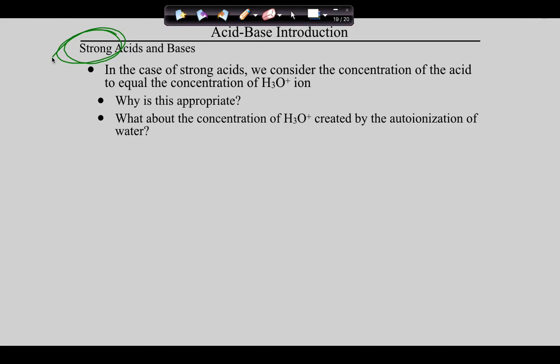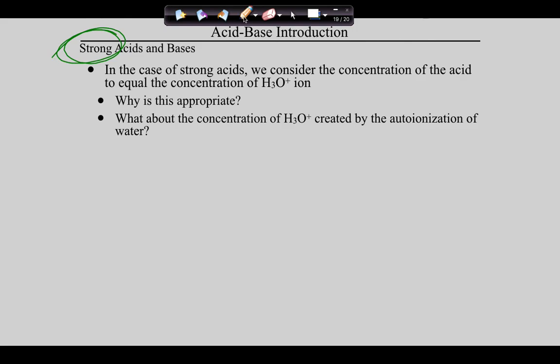Complete. Now guys, just read what it says. In the case of strong acids or bases, we consider the concentration of the acid to equal the concentration of hydronium ion. Guys, let me show you what that means.